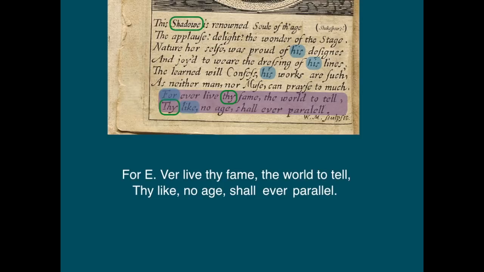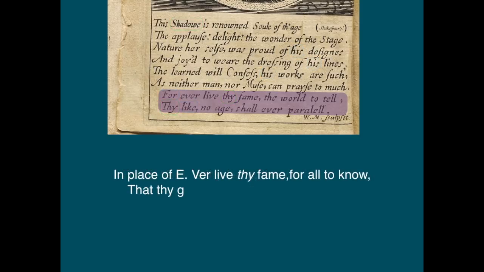Okay, so if we take "for" to mean instead of or in place of, then I think we can maintain the "e vir ever" in the first instance. So I could paraphrase those last two lines something like this: in place of "e vir," live thy fame, i.e. you rubbishy shadow, for all to know that thy guise no age shall ever parallel.